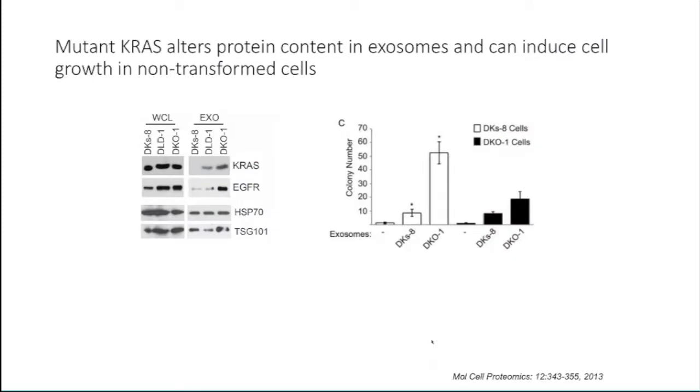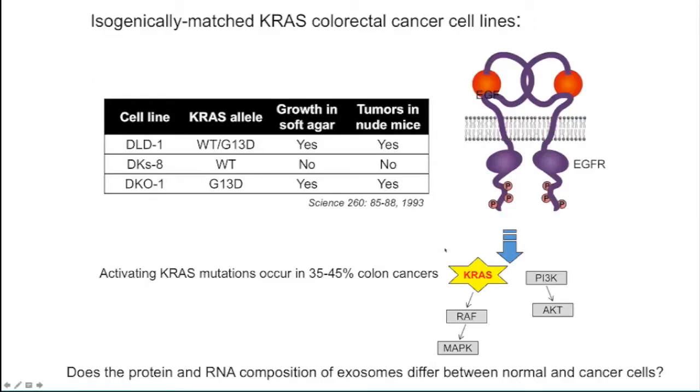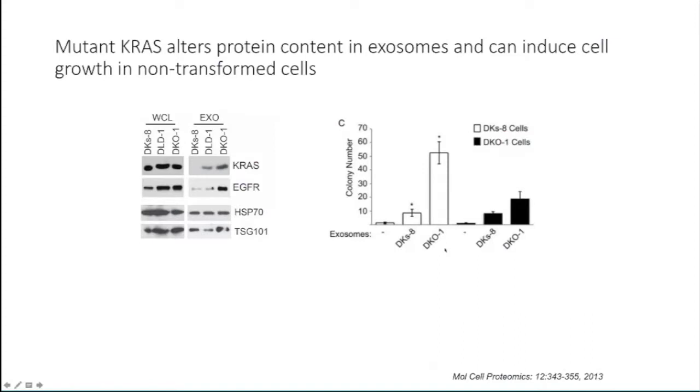Going back to some work done in the Coffey lab in 2013, Michelle Demory Beckler had shown that you could take exosomes from mutant KRAS cells and incubate them with wild-type cells, and then you would get an increase in colony number.